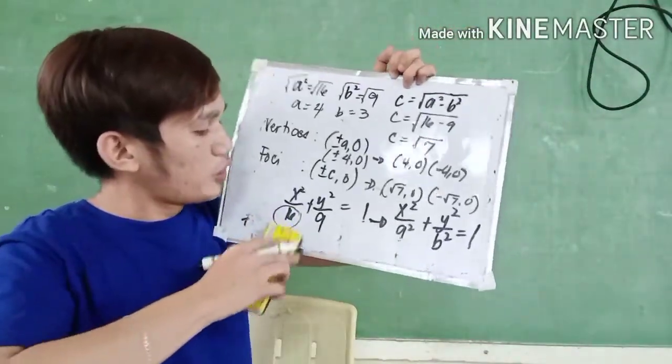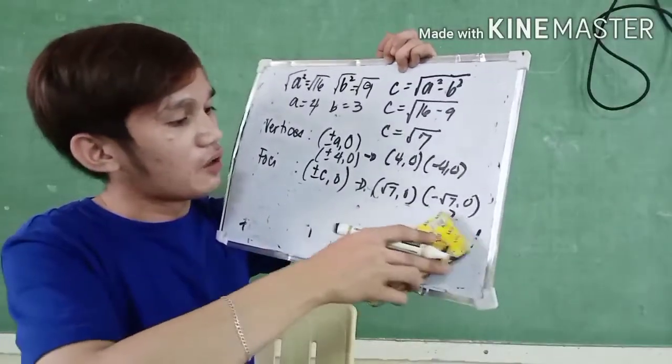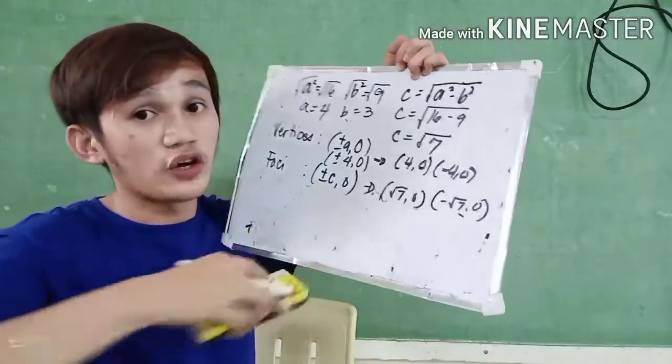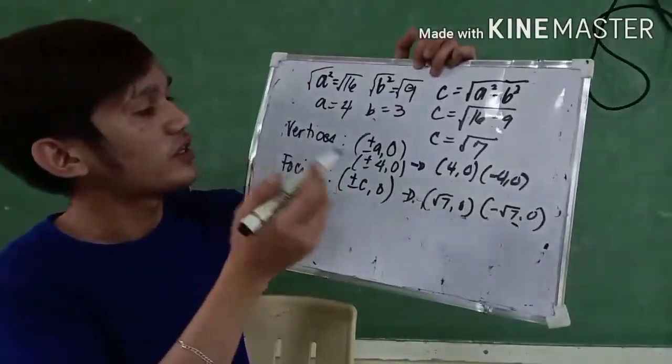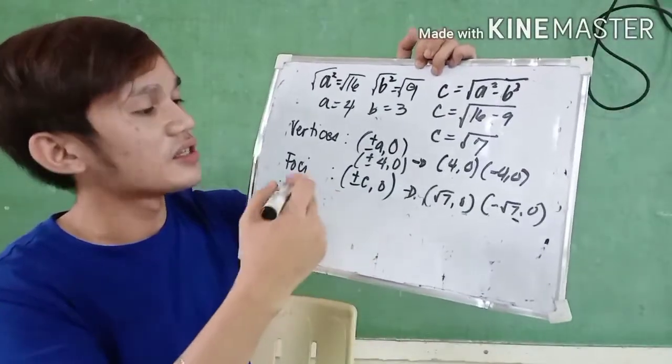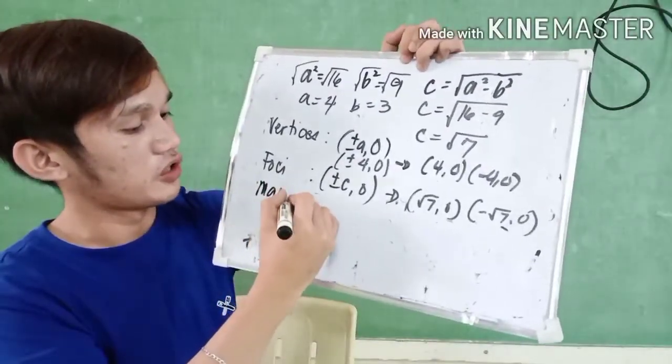Now, we are going to get the endpoints of your major axis. Di ba? Sabi ko kanina, whatever the vertices is, that is the endpoints of your major axis.